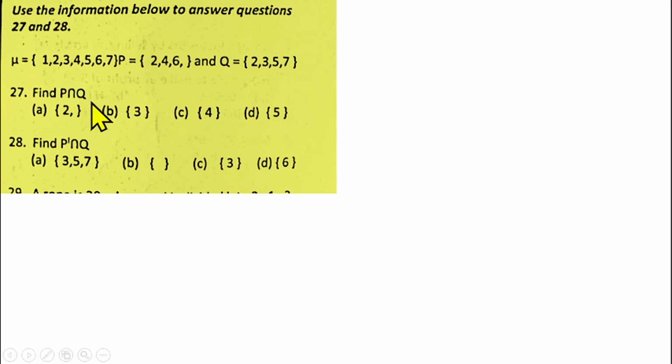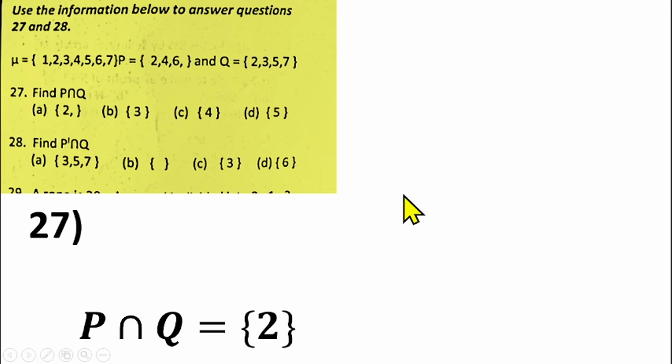You have to find P intersection Q, which is the elements common to P and Q. If you look at this, what are the elements common to set P and set Q? 2 is here, 2 is here. There's no other element common to set P and set Q. And that makes option A the right answer for question number 27.